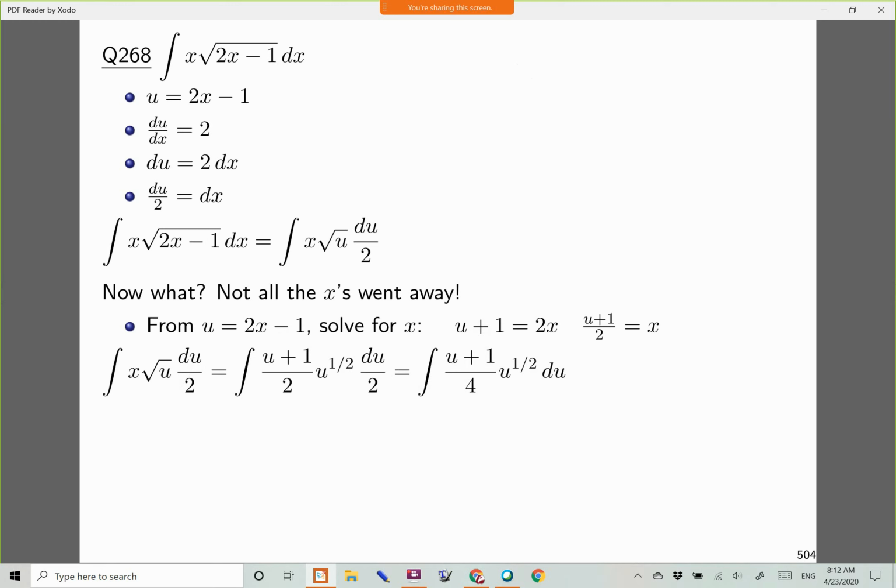And then, for better or worse, there's lots of different ways to do this. What I chose to do was rewrite the fraction u plus 1 over 4 instead as u over 4 plus 1 over 4. But then, because it's 2 separate terms and I need to respect what the order of operations is trying to say, this now has to be in parentheses. And then I distributed this u to the 1/2 to each of these terms.